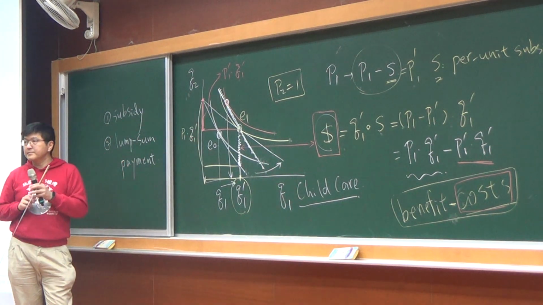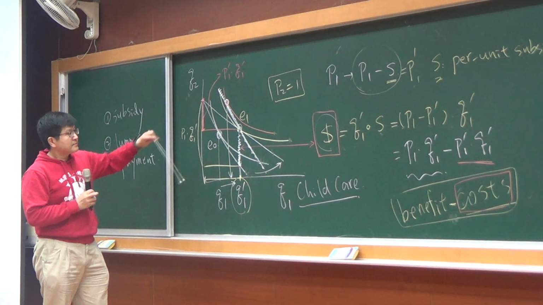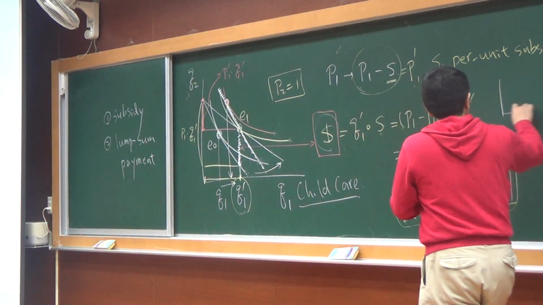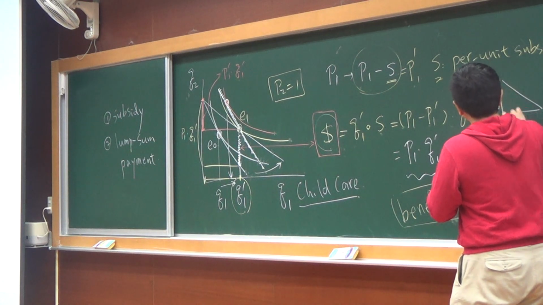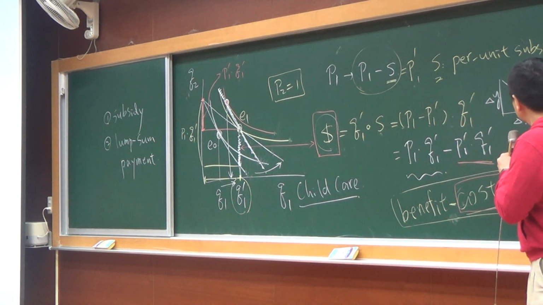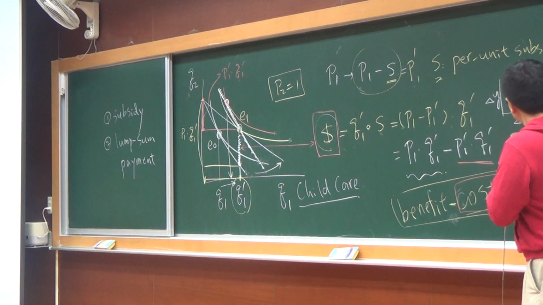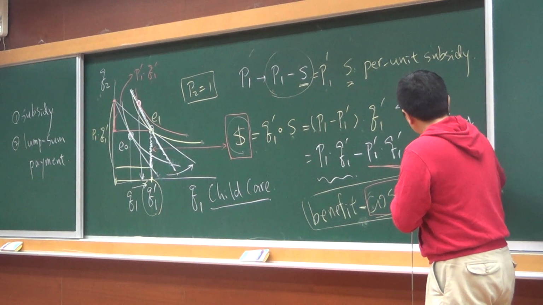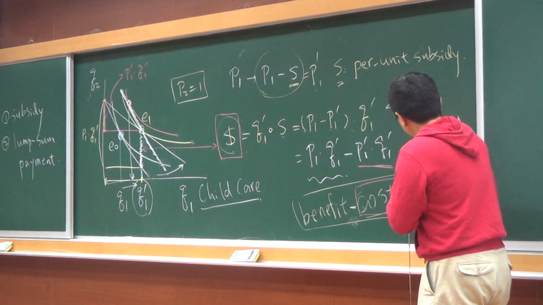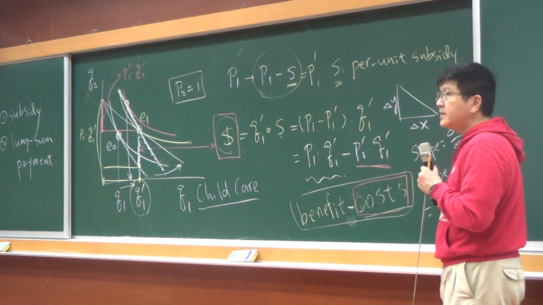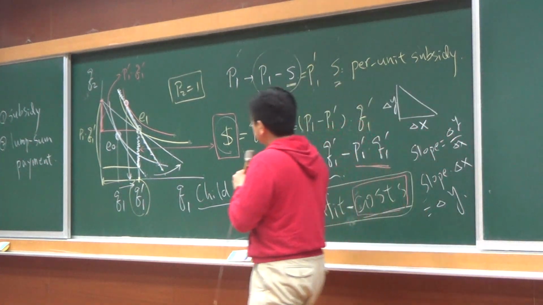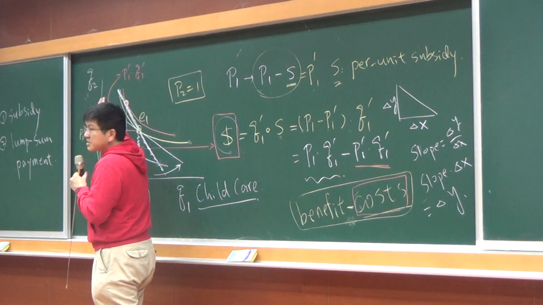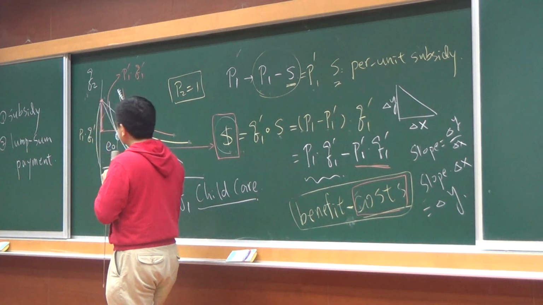So you have to go to that point and draw a line down. Yeah, because the slope would be delta y over delta x, right? So the slope equals delta y over delta x, and the slope times delta x equals delta y. So Q1 prime times P1 would be this amount, right?